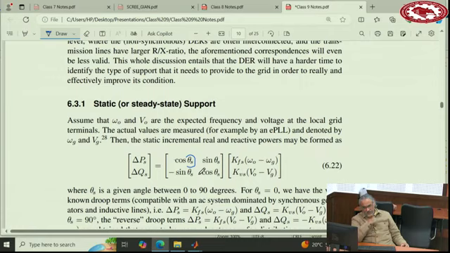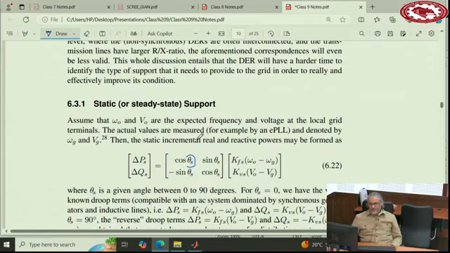If theta is 0, this becomes an identity matrix, so P is related to frequency and Q is related to magnitude. And if it goes to 90 degrees, it becomes completely opposite.